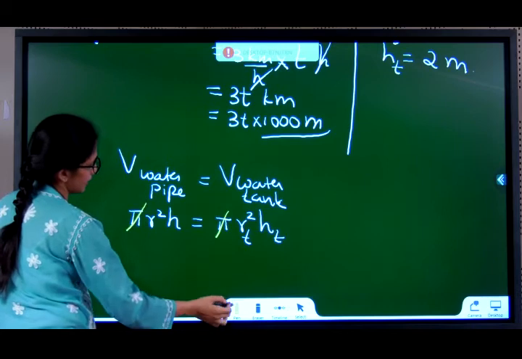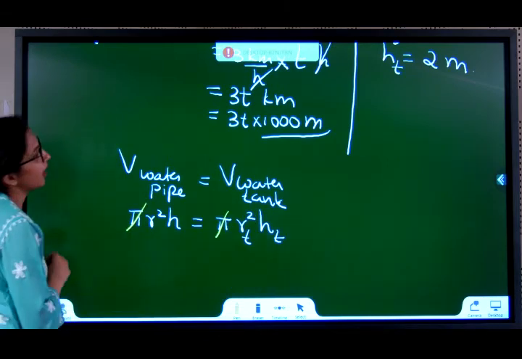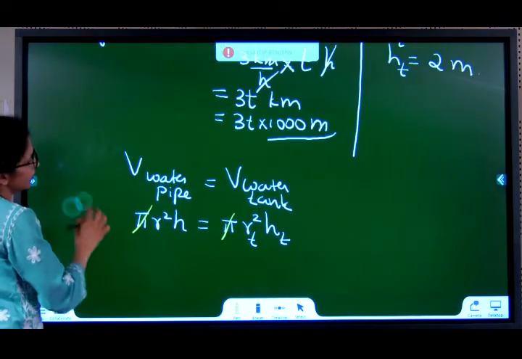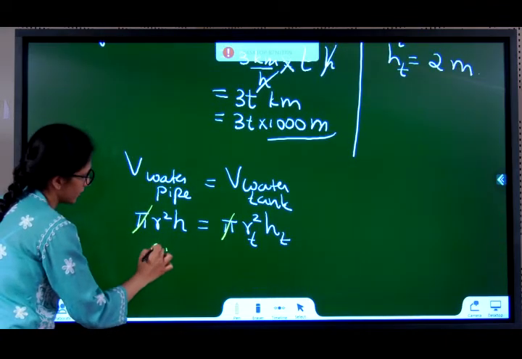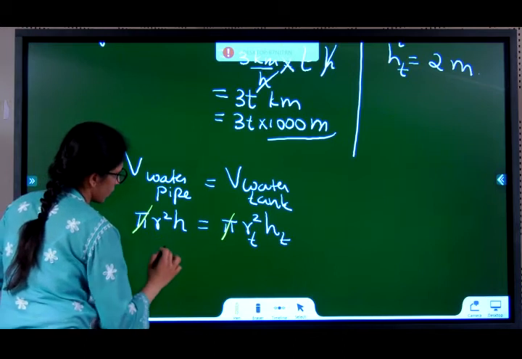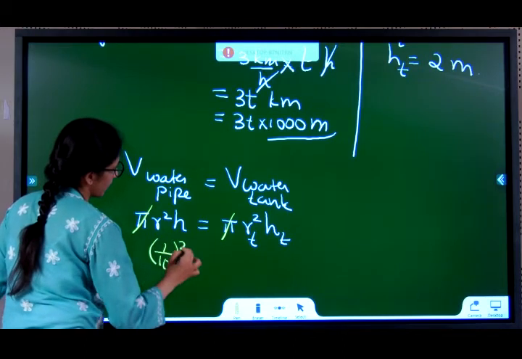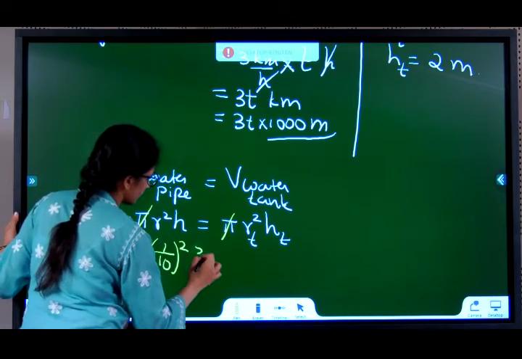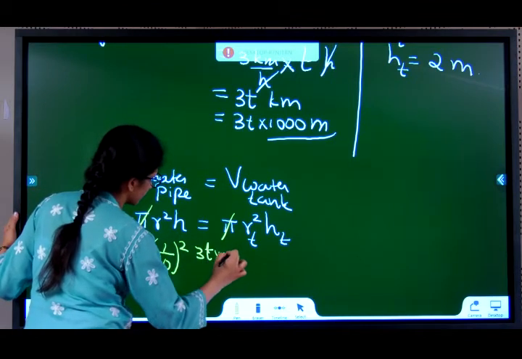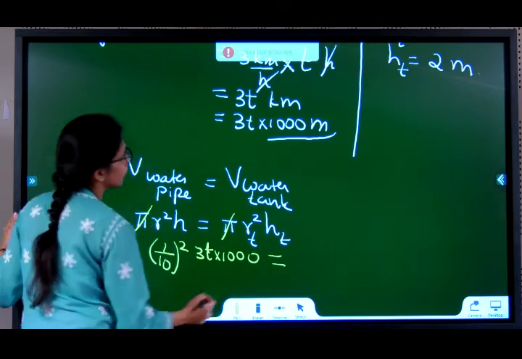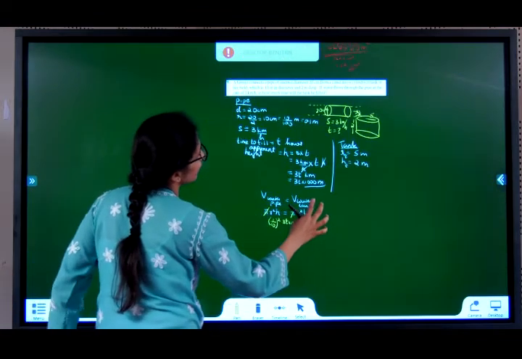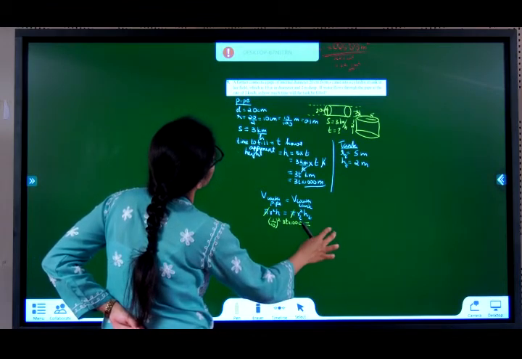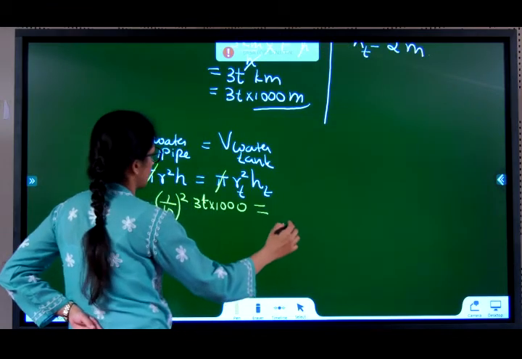Pi cancels. What is the r of the pipe? The r of the pipe is 0.1 meters. 0.1 square, or I can say 1 by 10 whole square. What is the height? We just found it here. 3t into 1000 is equal to RT, radius of the tank. Radius of the tank given in the question is 5 meters.